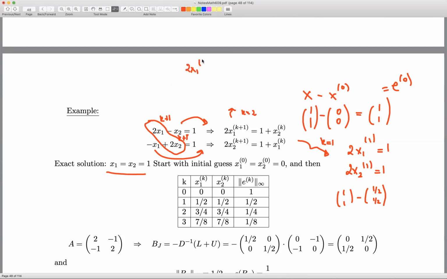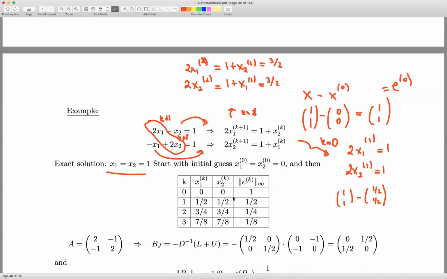So we have 2 x1,2 equal to 1 plus x2,1, and 2 x2,2 equal to 1 plus x1,1. Since x2,1 is a half and x1,1 is a half, 1 plus a half is 3 halves, and 1 plus a half is 3 halves.